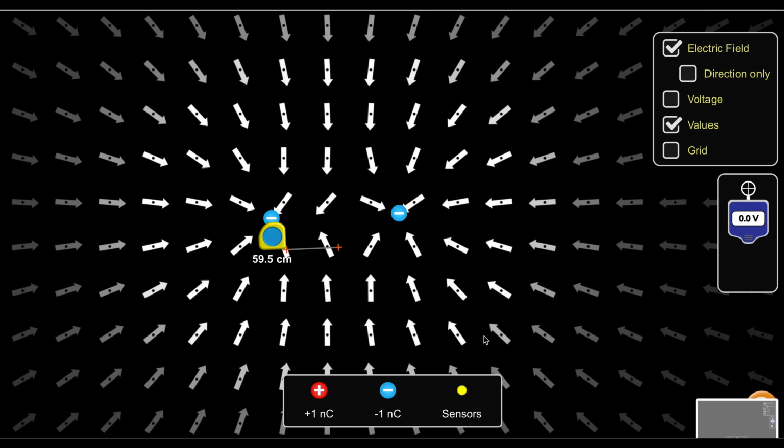When there are two different charges, we can check the electric field that will be acting on a test charge here. So this website's really helpful as it lets you experiment with many different scenarios and expand your knowledge of electric fields.